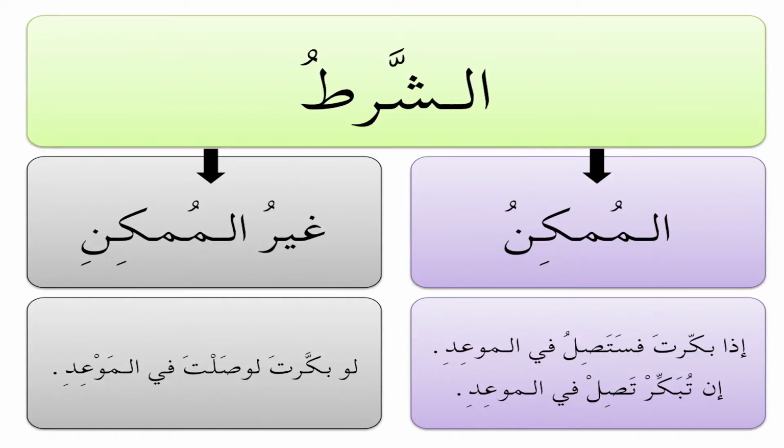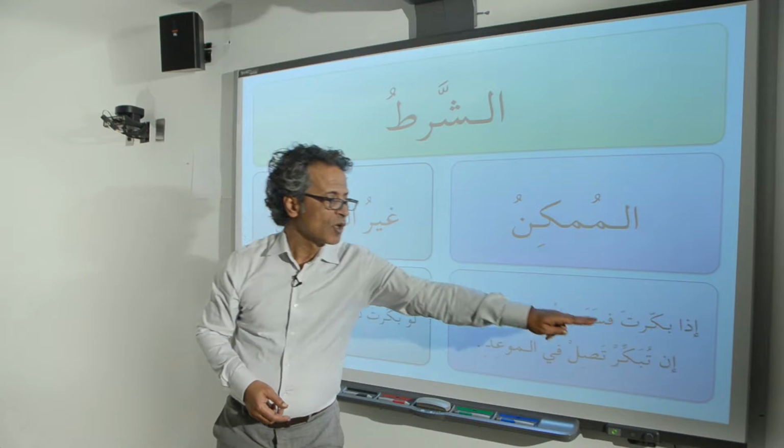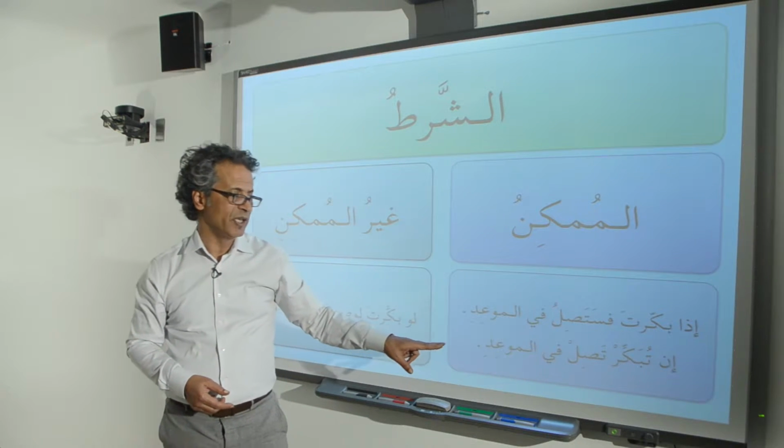الشرط في العربية في الحقيقة ممكن وغير ممكن. يعني الممكن, what is possible and what is impossible. And it's very interesting that Arabic doesn't use only tense to denote this. It also uses specific particles to convey that meaning. So إذا بكرت فستصل في الموعد. إن تبكر تصل في الموعد.